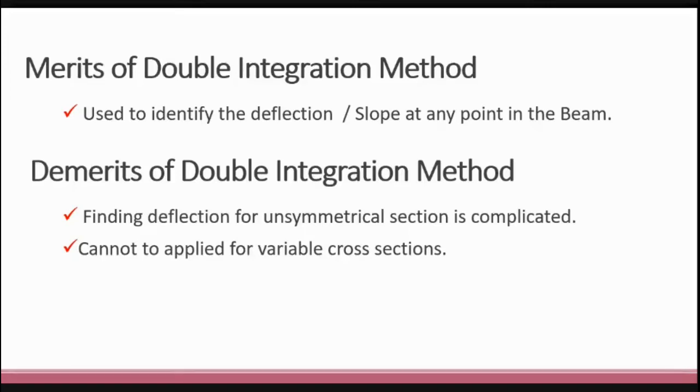Actually, for variable cross section, it is not possible. Whereas for unsymmetrical loading, you can do it, but it is complicated. You have a very big equation which takes around 5 or 6 pages to solve, and only then will you get a particular solution. That is the problem in the double integration method.